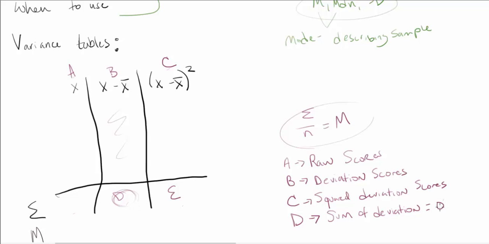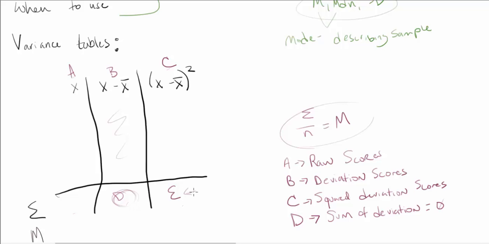Should always equal 0. Because the mean is the mathematical average. It's the mathematical balancing point such that exactly half the scores are above, half the scores are below. So if you subtract the mean from everything and then sum up those deviations every single time, you should get 0. If you don't, something has gone wrong.